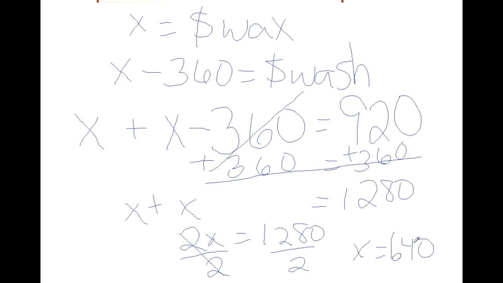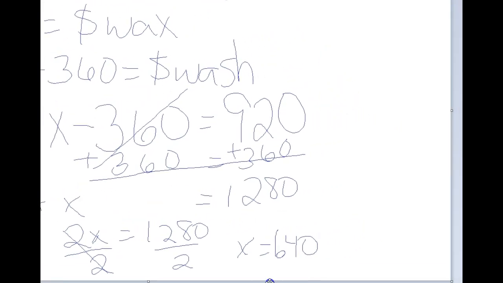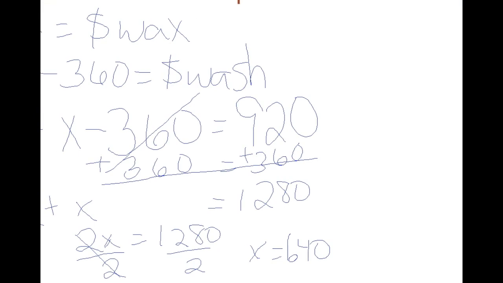Now we're not done here. We're going to go back and check our work and make sure that that actually makes sense. So in order to check our work, we are going to move my screen over here to get a bigger screen.